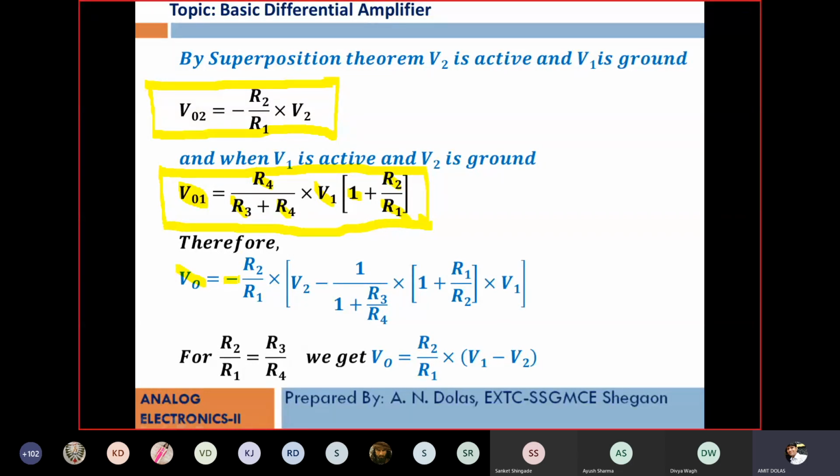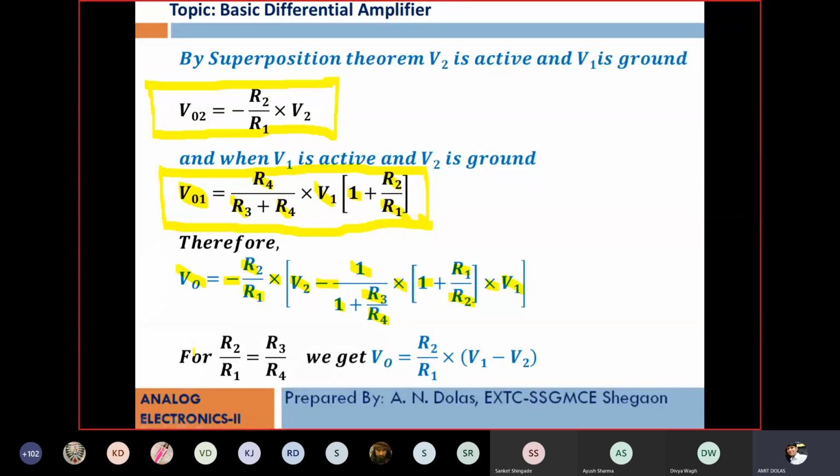By that we get minus R2 upon R1 into, in bracket, V2 minus 1 upon 1 plus R3 by R4, with the terms adjusted, into the non-inverting gain 1 plus R1 upon R2 into V1.